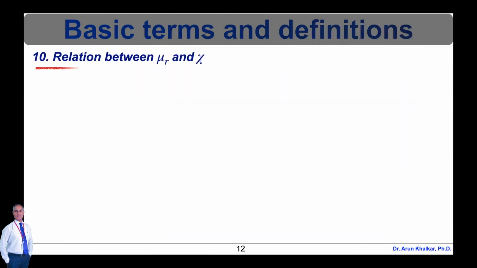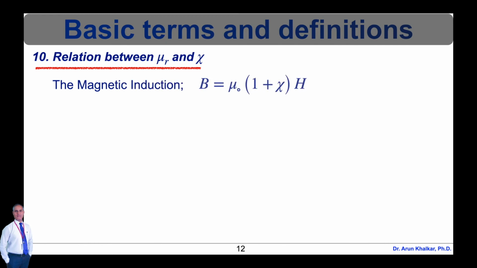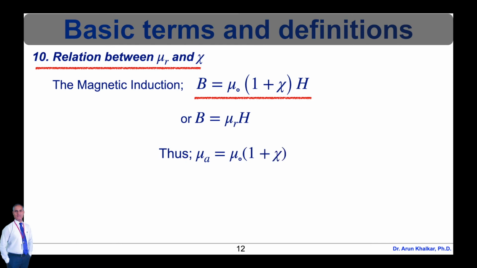Now let's see the relation between relative permeability and magnetic susceptibility. For the magnetic induction, we have the equation B is equal to mu naught in bracket 1 plus Xi into H, or simply we can write B is equal to mu a into H. Thus absolute permeability mu a is equal to mu naught into 1 plus Xi.